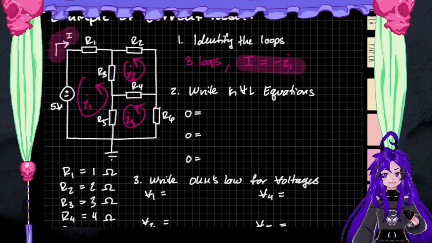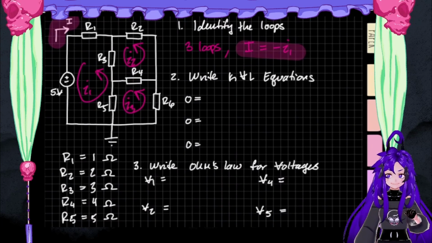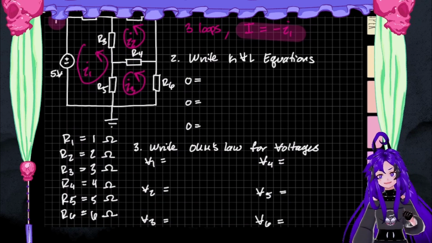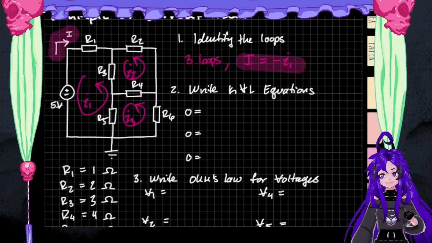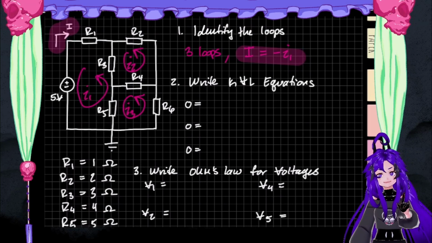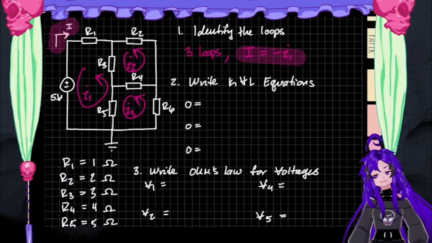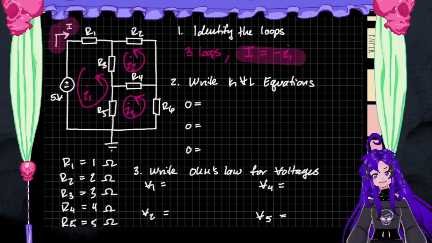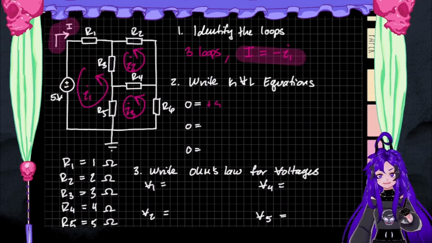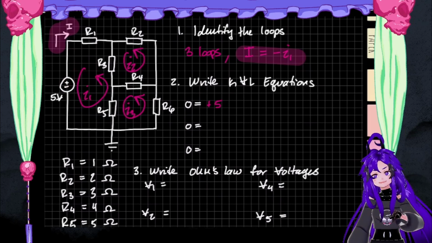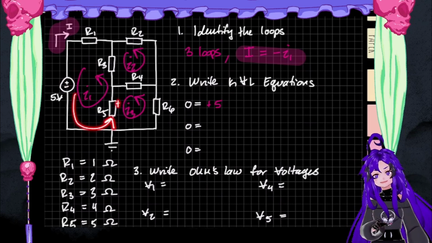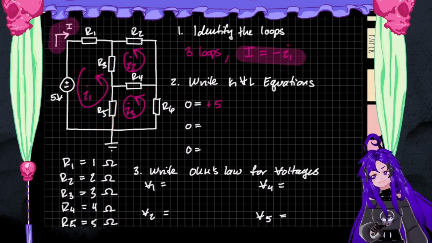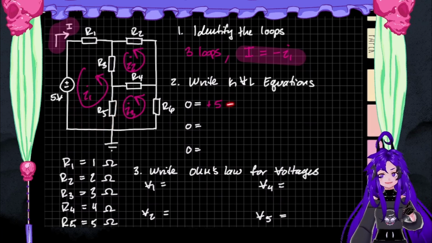So, next thing we're going to do is write the KVL equations. So, again, equalities, again, start with 0, and we're going to follow the loops around. I1 starts with the positive end of the 5-volt source, so it's going to be plus 5. Then we're going to follow it around to the negative end of R5, so that's going to be minus V5.